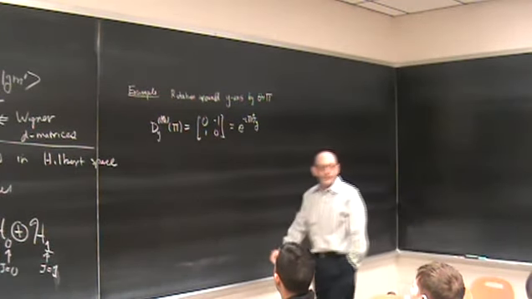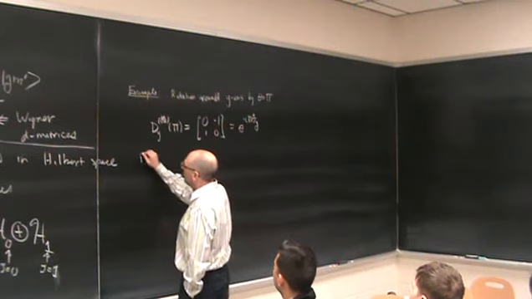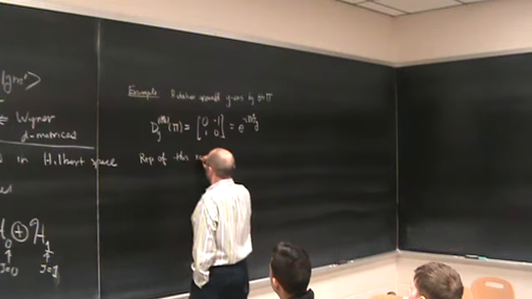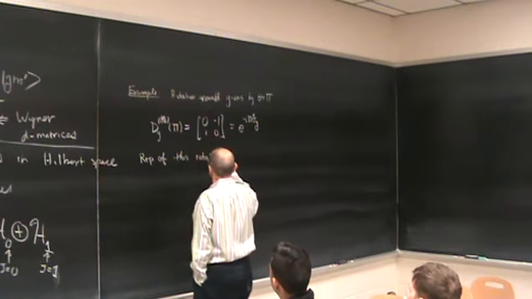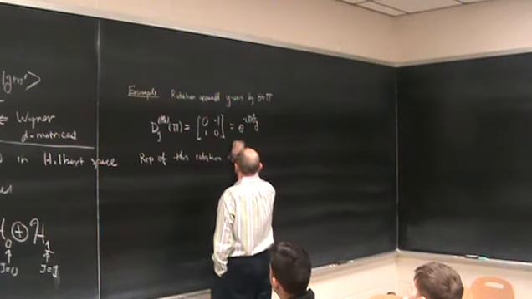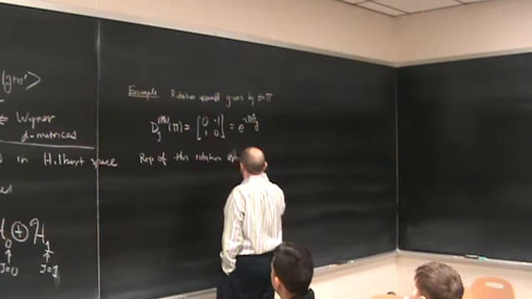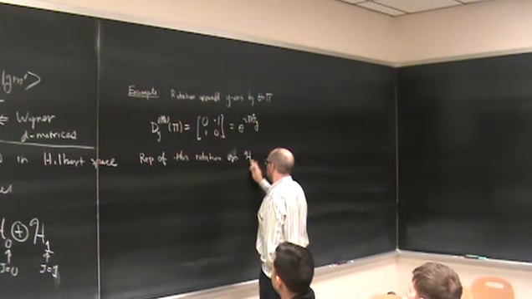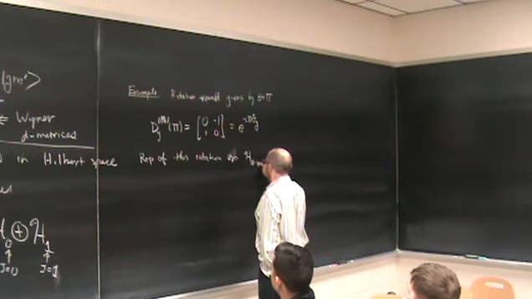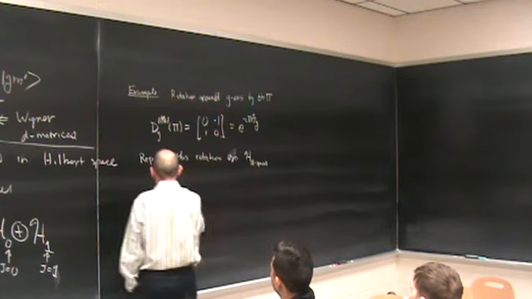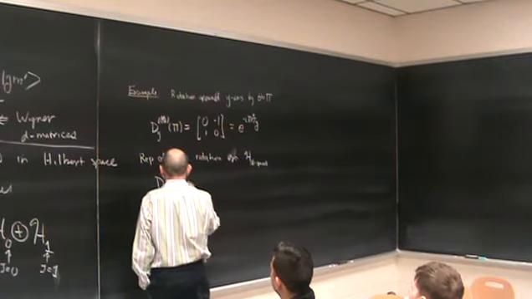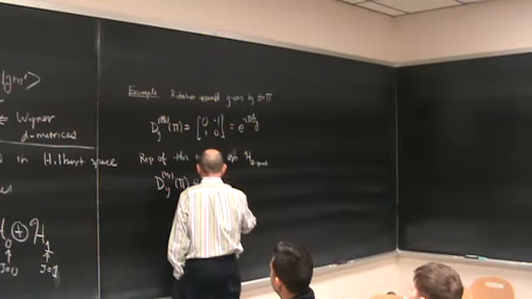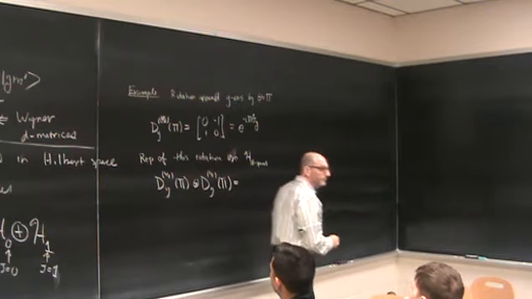That's for a given spin. So a representation of this rotation on the total Hilbert space H we could write as a tensor product of those two matrices, one acting on the first spin and the other acting on the second spin.